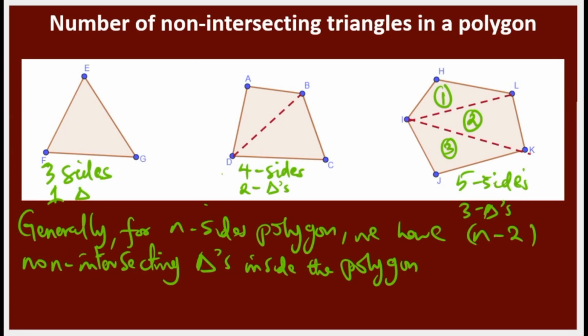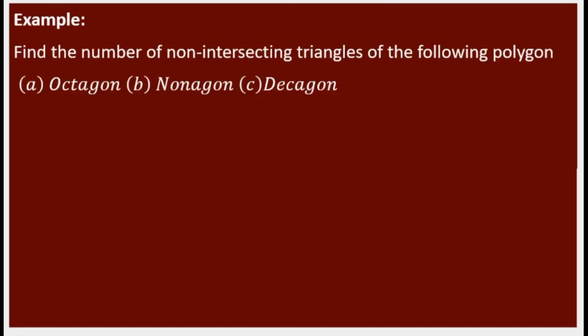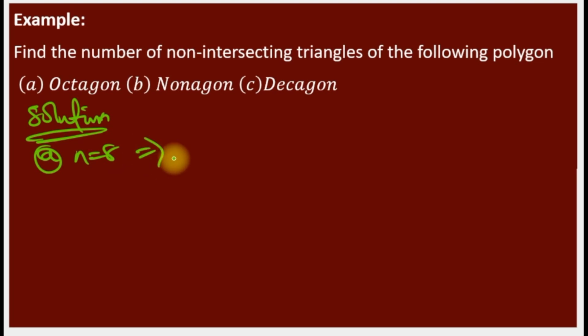Let's solve some questions. First, find the number of non-intersecting triangles of the following polygons. The first one, an octagon, has 8 sides, which implies it will have 8 minus 2, so 6 non-intersecting triangles.